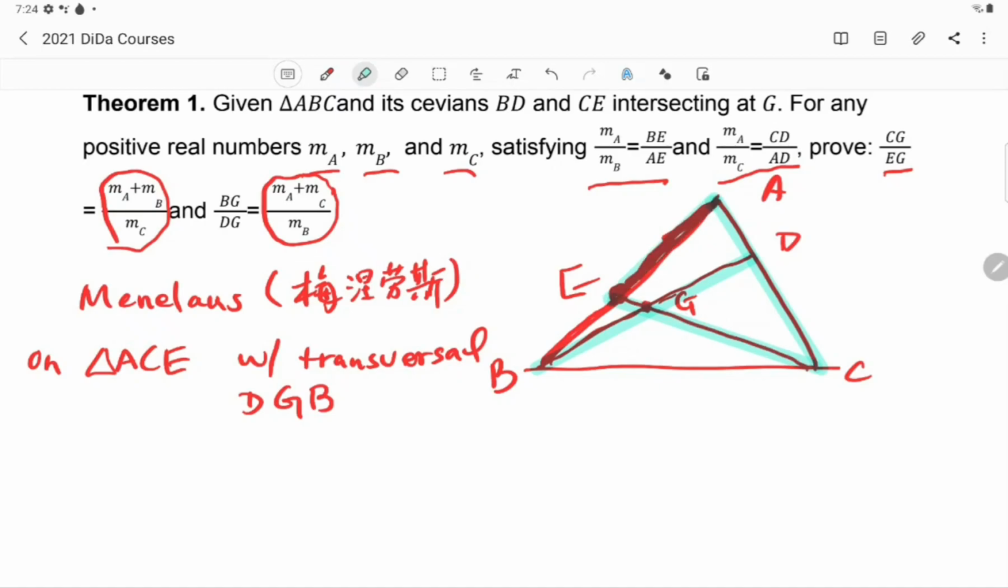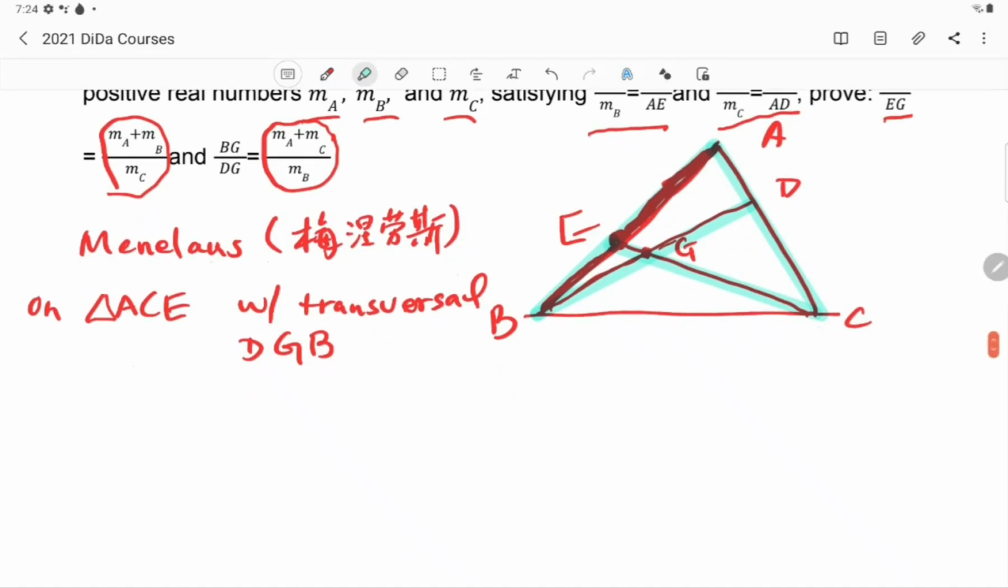So let me extend it. To apply Menelaus, let me start with C. You walk around the triangle ACE.